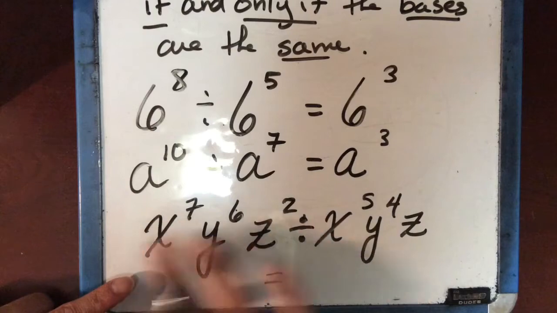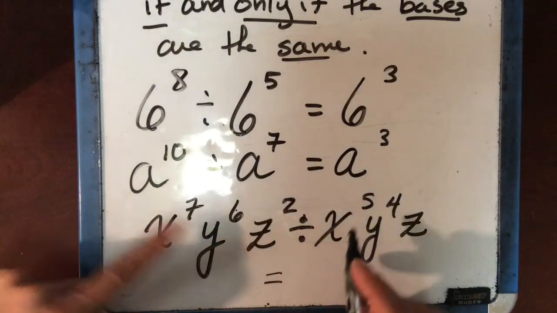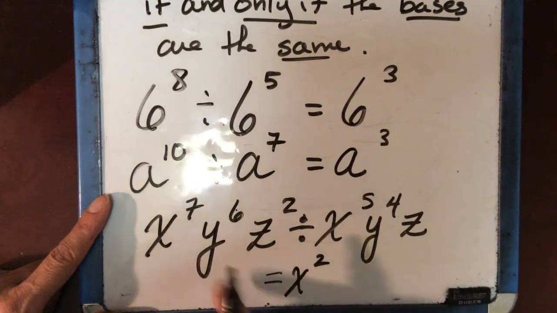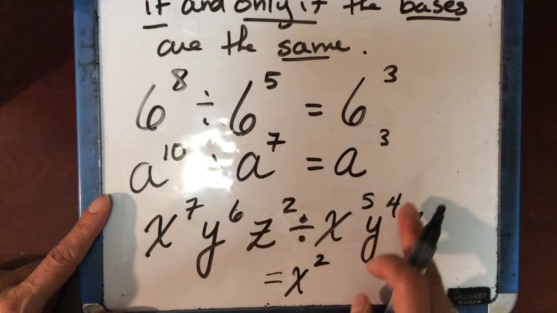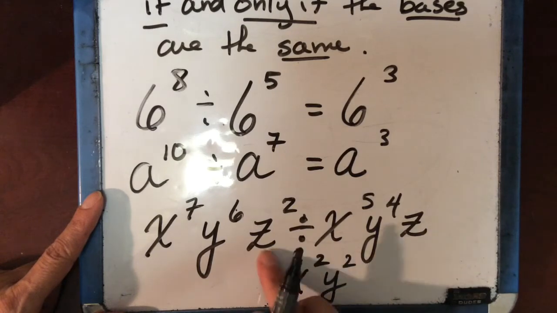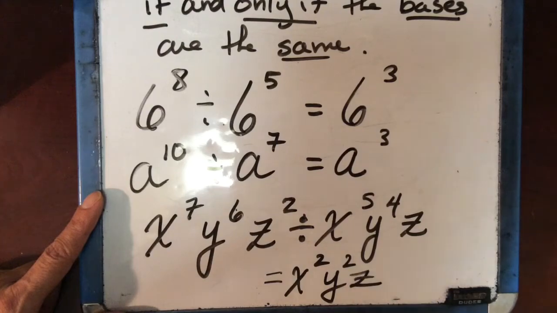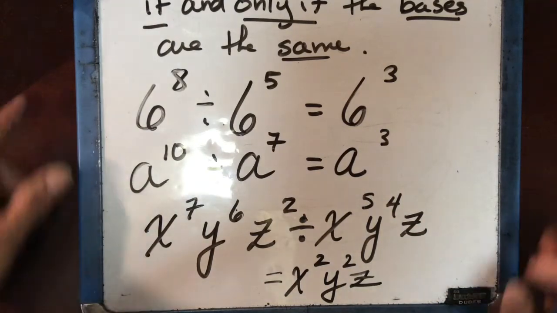The entire thing is not the same as this one here. So 7 minus 5, x squared. y to the 6 over y to the 4, subtract the exponents, y to the 2. z squared and z to the 1, remember there's a 1 here, leaves us with only 1 z. Okay, very good.